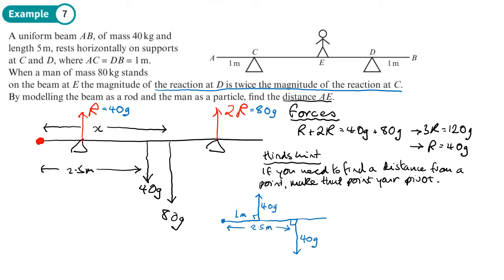Then I've got the distance to the man, 80g, and I'll use a different color. All of this distance here from there to there is x, and then the last one is the distance to this reaction here, which is 80g, and the distance from the end to that pivot, well, if the whole thing is 5, and that's 1, the distance from A to the pivot must be 4.